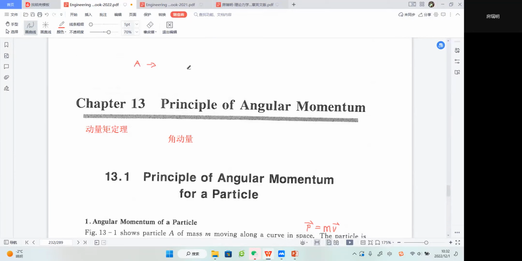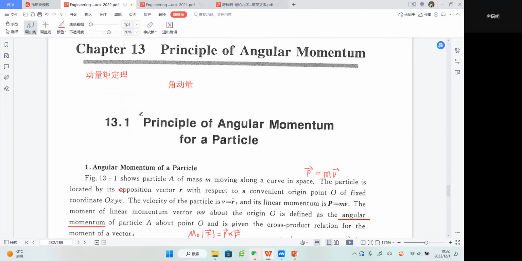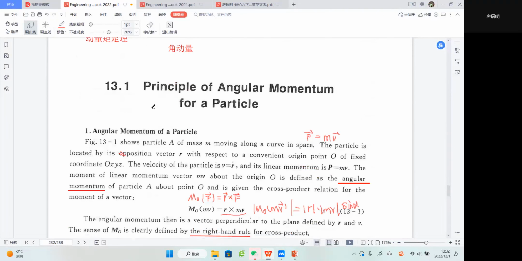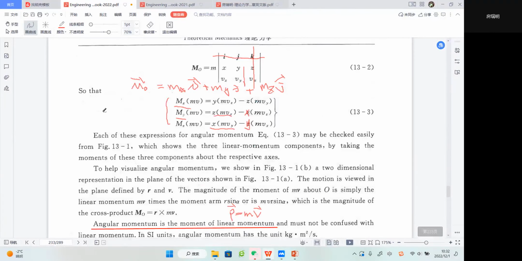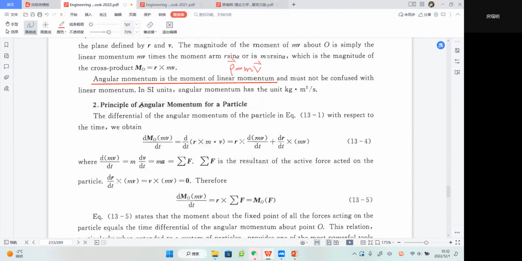So from the first section, after giving the concept of angular momentum of a particle, we move to the principle of angular momentum for a particle.